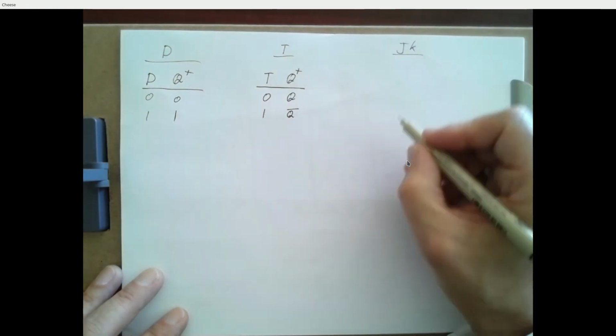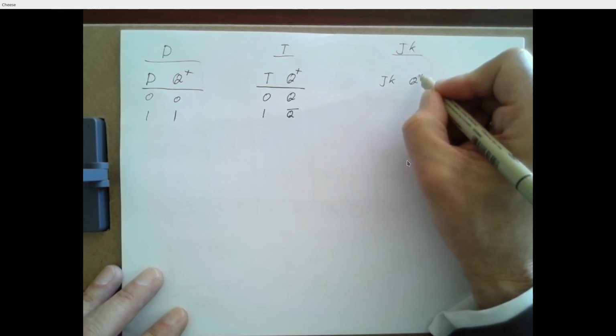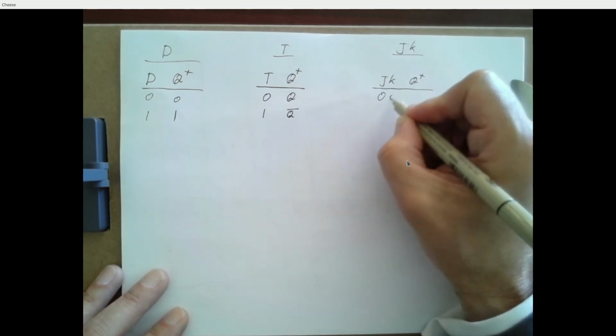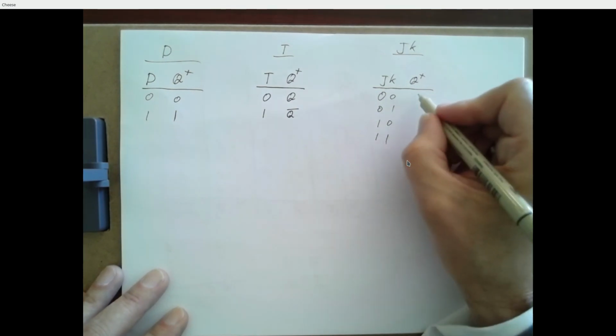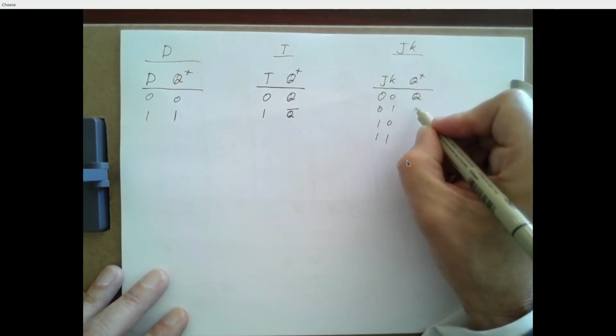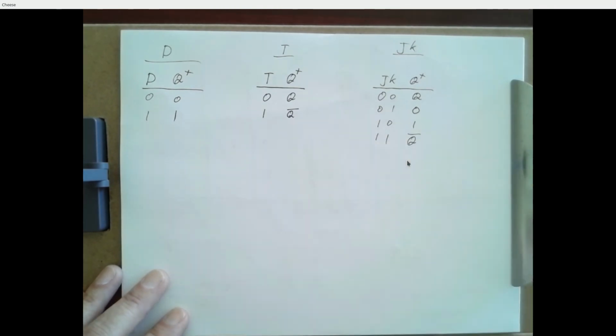A JK gives us the opportunity to do both. Right, so 0, 0 is a no-op, 0, 1 is a reset, 1, 0 is a set, and 1, 1 takes on the toggle behavior.